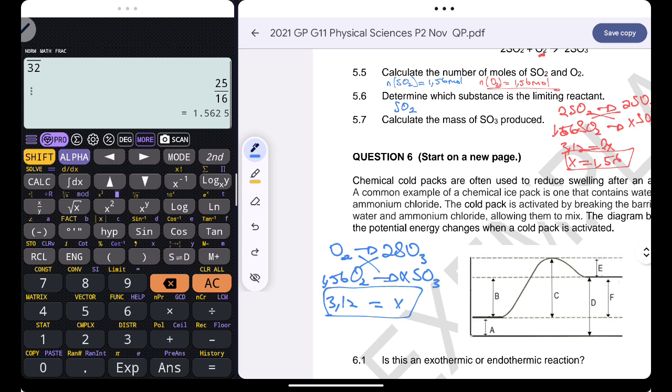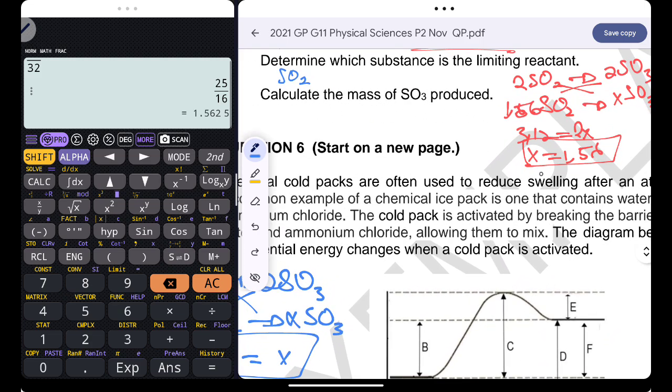Please, guys, remember that the maximum amount of sulfur trioxide that will be produced will be determined by our limiting reagent. Since sulfur dioxide is our limiting reagent, the maximum amount of sulfur trioxide will be this amount of moles, because the progress of the reaction is determined by sulfur dioxide.